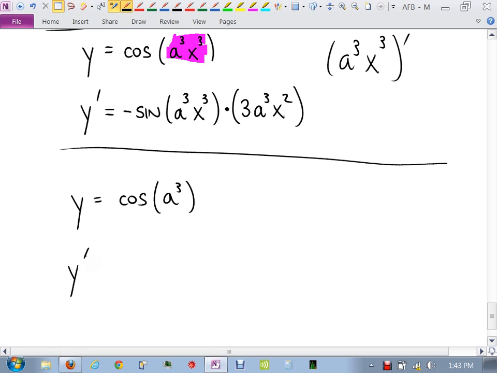Because a cubed is a constant, isn't it? And what's cosine of a number? It's a number, right? It's constant. What's the derivative of a constant? 0. Now you could have gotten it by doing this also. Negative sine of a cubed times what's the derivative of a cubed? 0. And 0 kills off everything else. You get 0.